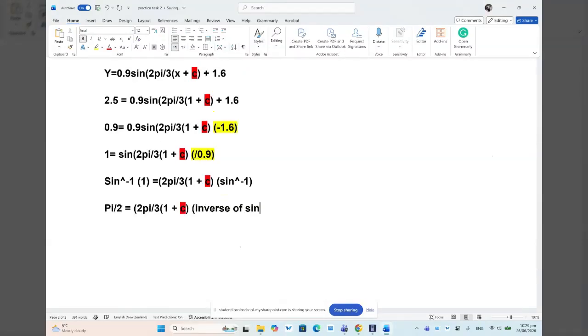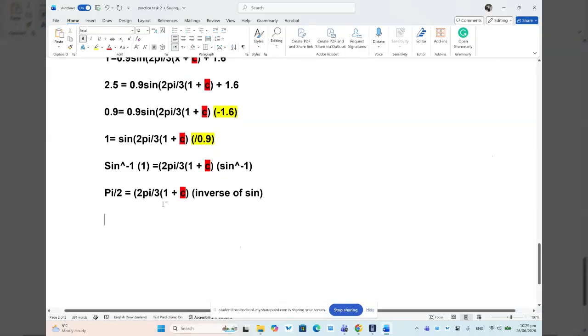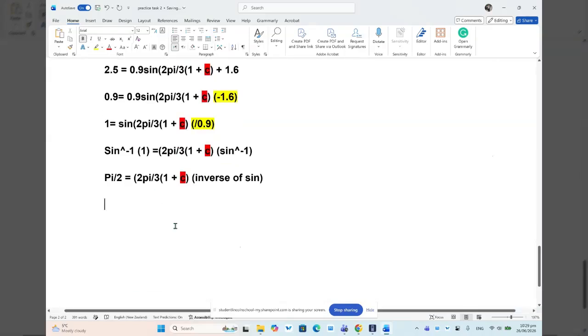Now we can cancel out the pi's. So we're actually going to get 1 over 2 equals 2 over 3, 1 plus c. So that was eliminate the pi. So you just basically turn the pi into 1.